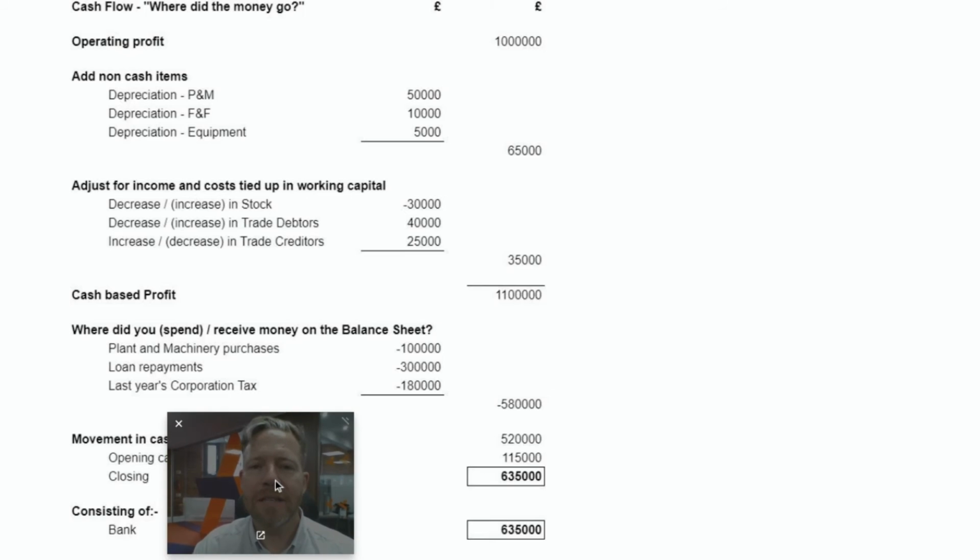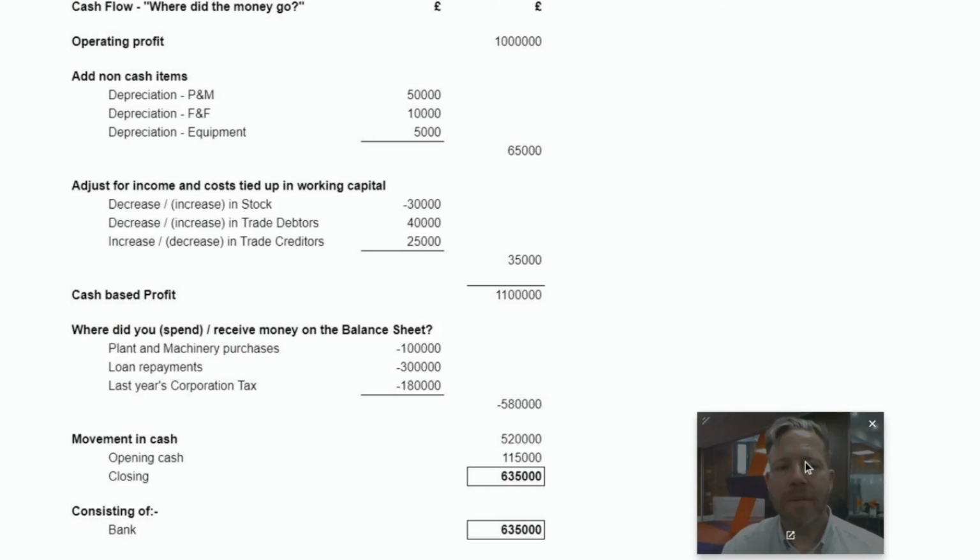Okay, so again, starting at the top, we've got our operating profit of £1 million. Adding on our non-cash items in the profit and loss account, which is the depreciation, of £65,000. We now adjust for our working capital for costs and income tied up there, and we've got £35,000 in total in that column.